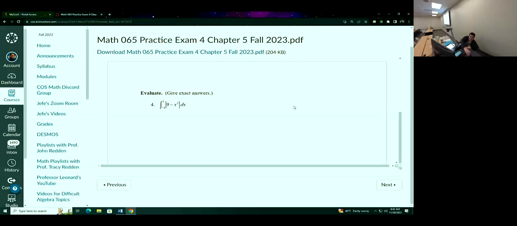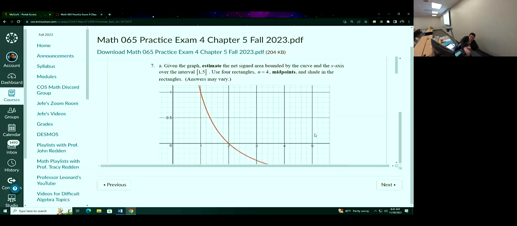Then you've got some integrating with definite integrals. We're doing a problem like 6 in a second. 7 is like the Riemann sums, but you don't have to do the Riemann sums. It's just break it up into 4 rectangles, and you're doing Riemann sum work without doing Riemann sums.